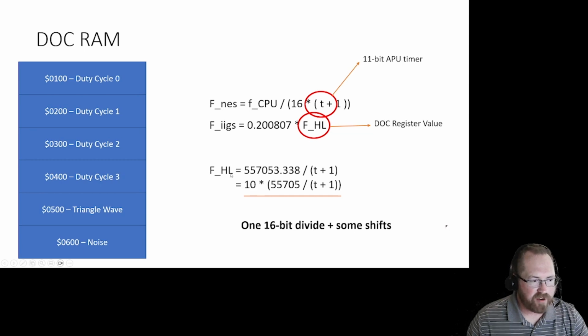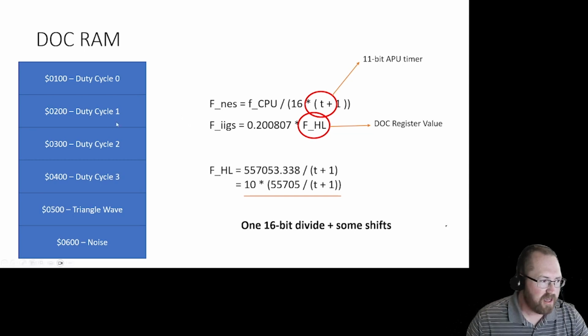Anytime we have to change the frequency, we do a 16-bit divide and then some shifts to do the multiply by 10. Again, this is one of those things that just worked. I did the math, implemented it, and the output sound was pretty close to what you would remember coming out of a Nintendo.